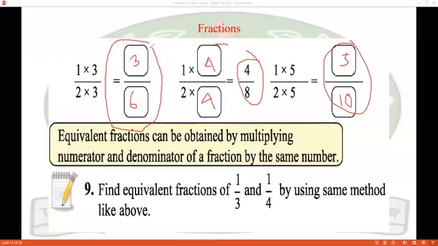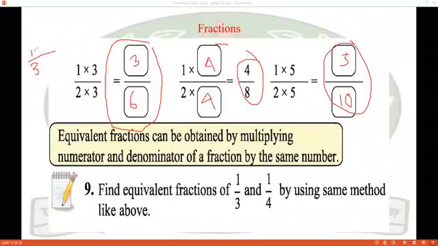So equivalent fractions can be obtained by multiplying the numerator and the denominator of a fraction by the same number. Find the equivalent fractions of 1/3 and 1/4 by using the same method as above. You can find many fractions. That means 1 by 3.